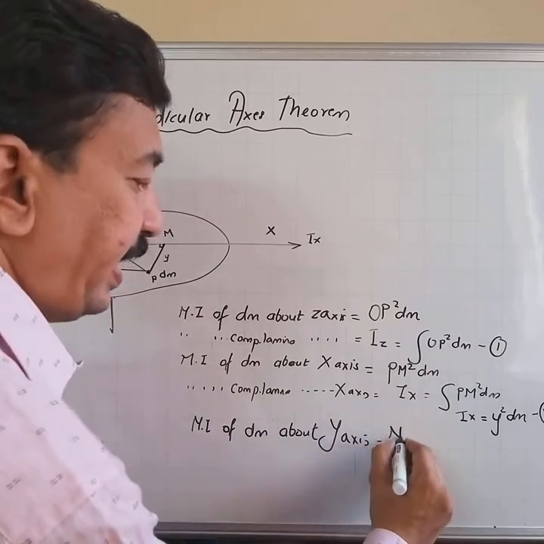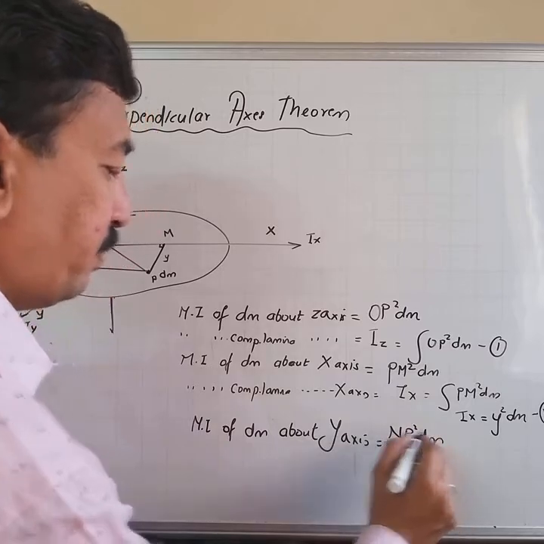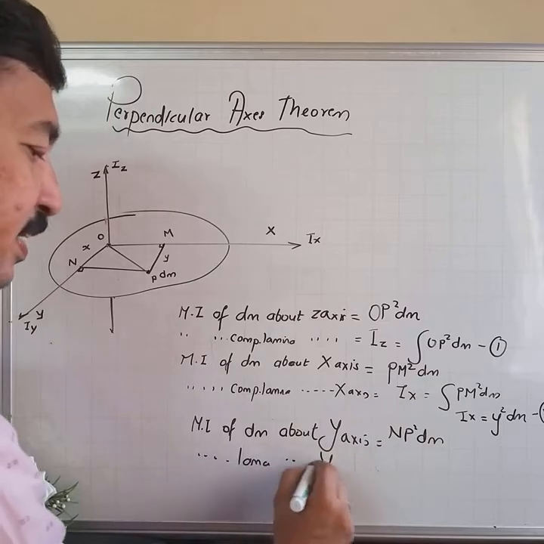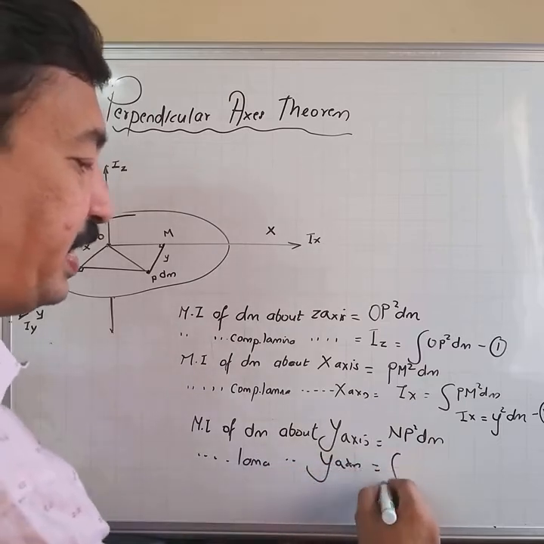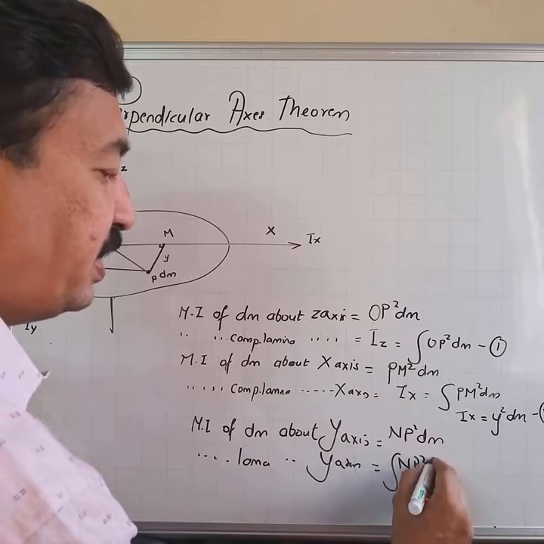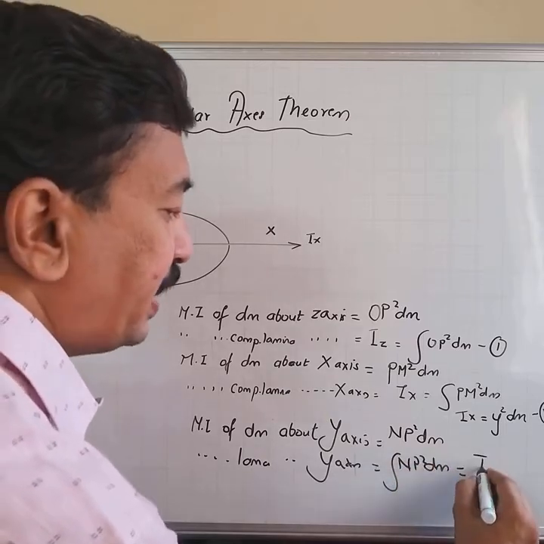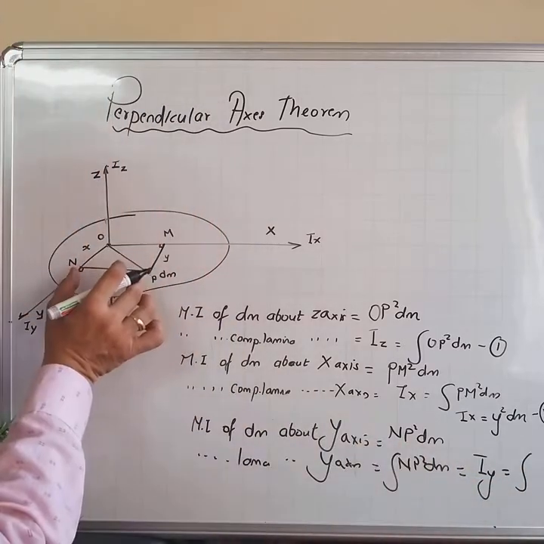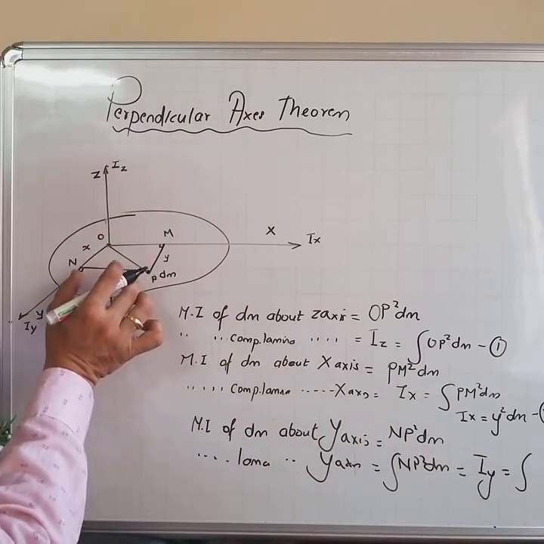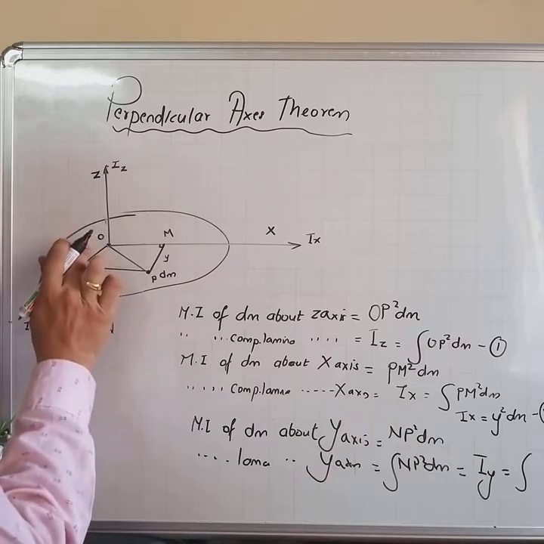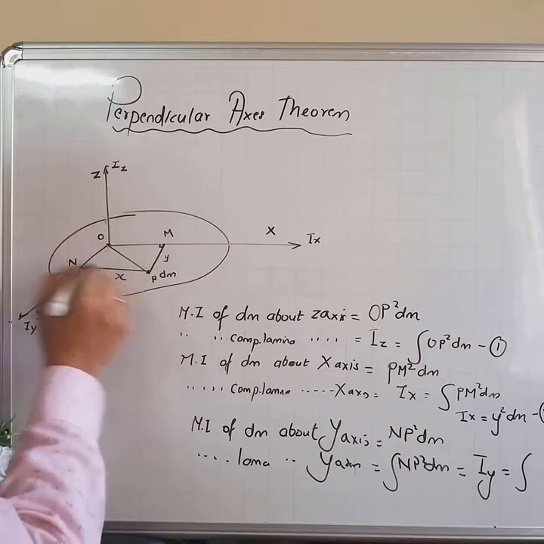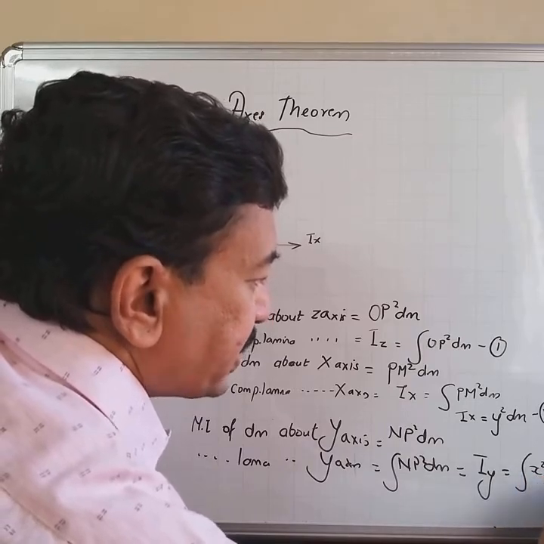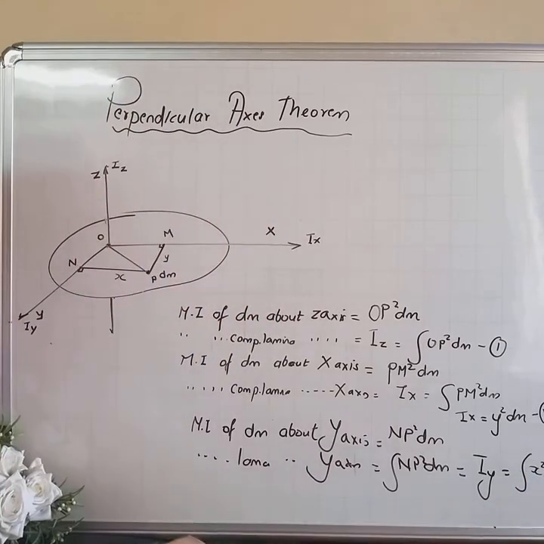So I'll write nP square dm, and the moment of inertia of the lamina about the y axis will be the integration of nP square dm, or I'll call it Iy, and that is nothing but the integration of x square dm, because nP is nothing but the distance x. I'll call this equation 3.